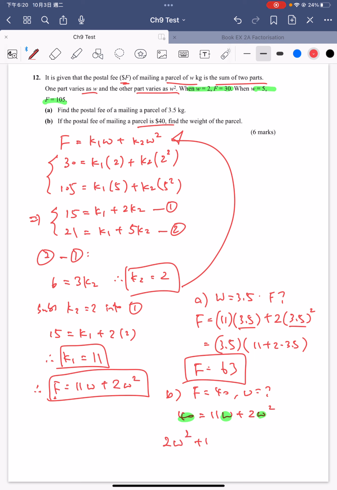We get 2W squared plus 11W minus 40 equal to 0. Then using the formula mode 0, 1, 2, 11 with negative 40, you can get W is equal to 2.5 or negative 8. But we are calculating for W, and W is the weight of a parcel. We can't have a negative weight, so the negative 8 should be rejected.